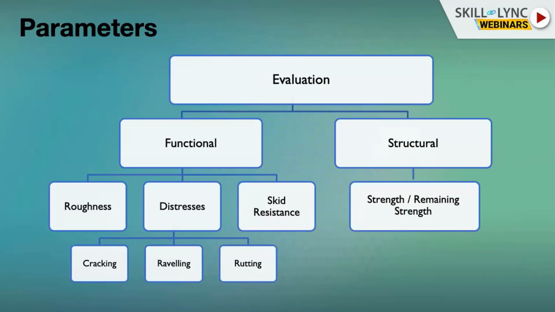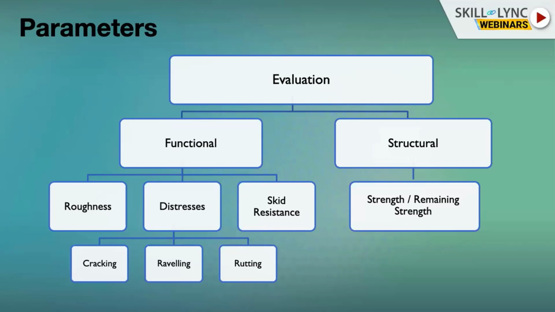Again, if you see the structure here, all the parameters are divided into two categories: either a functional parameter or a structural parameter. And if you remember the functional requirements, I am talking about comfort, safety, and low fuel consumption or low vehicle operating cost. So how do we evaluate them?